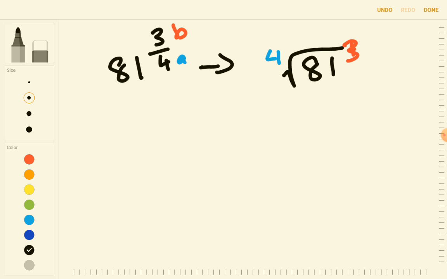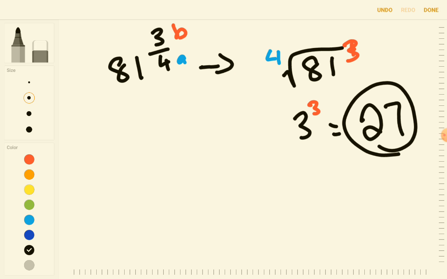So we need to find what times itself 4 times will give us 81. 1 times itself 4 times is just 1. 2 times itself 4 times is 16. 3 times itself 4 times, that would be 9, 27, and 81. So we get 3 as the fourth root of 81, and then we put it to the power of 3. We would do 3 cubed, and 3 cubed is 3 times 3, which is 9, times 3 is 27. So this is our final answer for 81 to the power of 3/4.